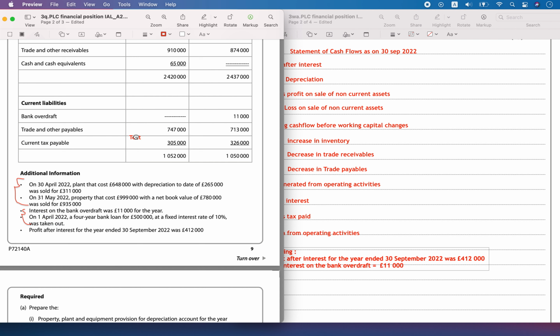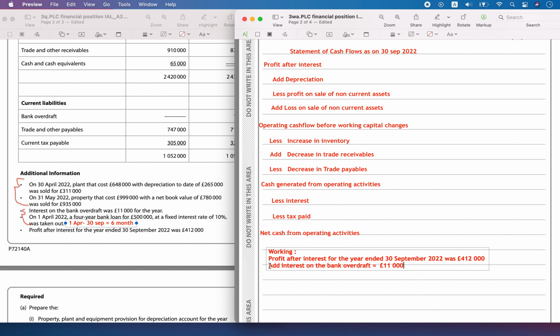From 1st April to 30th September is 6 months: April, May, June, July, August, September. For those 6 months they have to make interest payments.